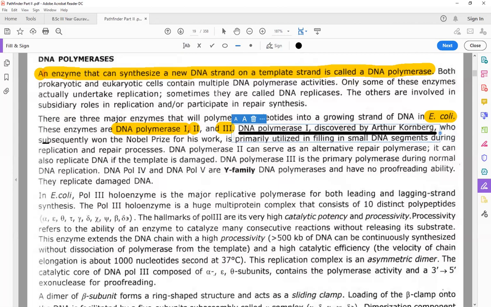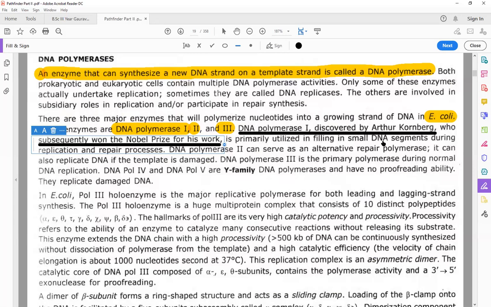Kornberg subsequently won the Nobel Prize for his work. DNA polymerase 1 is primarily utilized in filling small DNA segments during replication and repair processes. It was discovered by Arthur Kornberg, and is a repair polymerase that fills in the gaps produced due to damage over the DNA molecule.